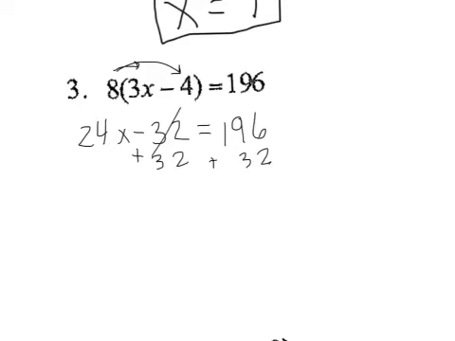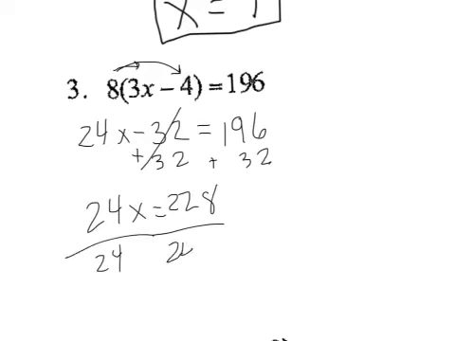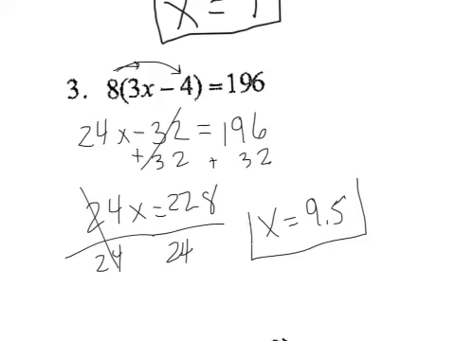And when we do that, we get 24x equals 228. When we divide that by 24, you get a number that's not a whole number. You get a decimal. You get 9.5. But if you were to plug that back in for x in the equation, you would find that the 9.5 does work to make your answer 196.